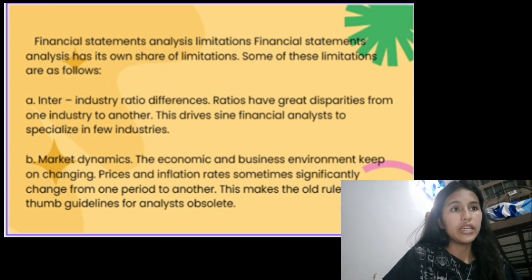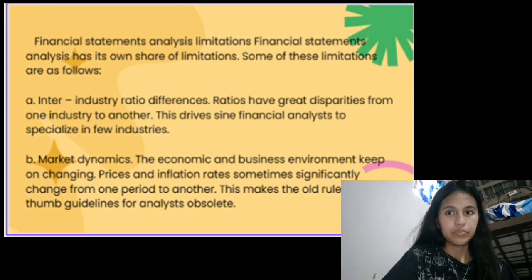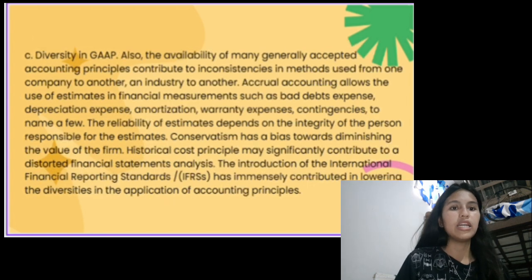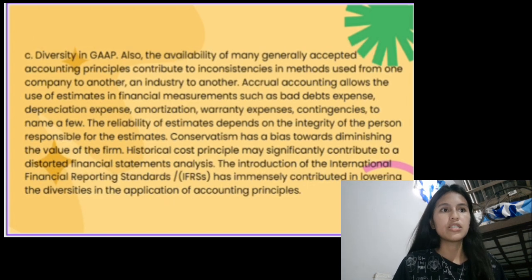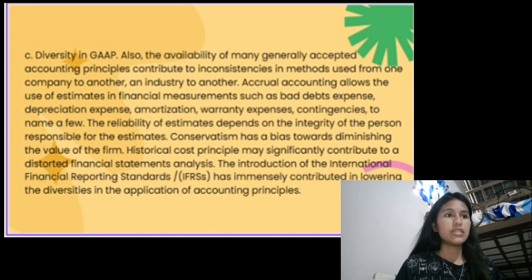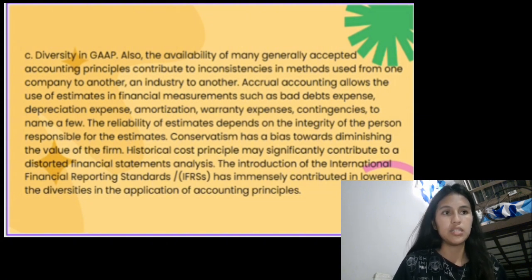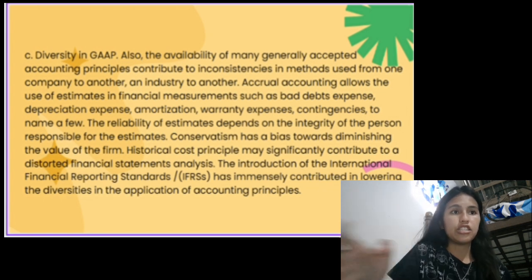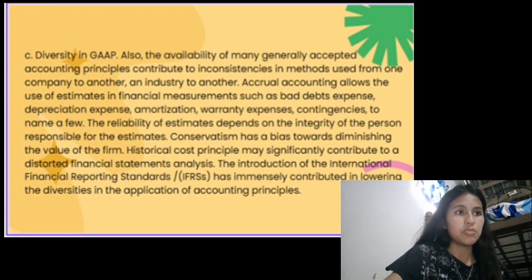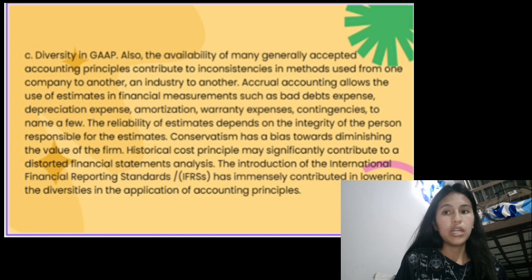Diversity in GAAP. Also, the availability of many generally accepted accounting principles contributes to inconsistency in methods used from one company to another, an industry to another. Accrual accounting allows the use of estimates in financial measurements such as bad debt expenses, depreciation expense, amortization, warranty expense, contingency, to name a few.